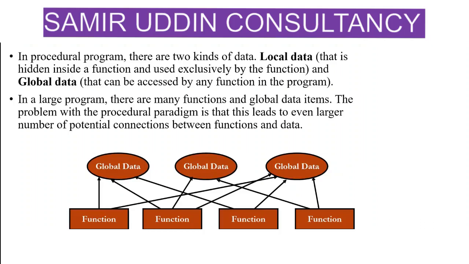The problem with the procedural paradigm is that this leads to an even larger number of potential connections between functions and data. You can see the representation of global data and different functions. The global data are outside the function domain and are shared by the functions through various connections, whereas the local data stays inside the function itself.